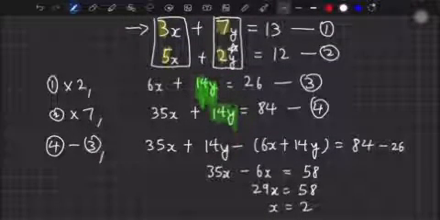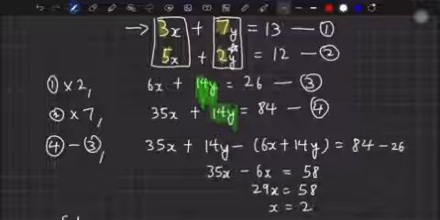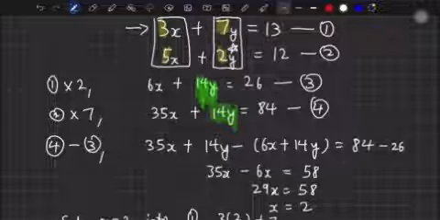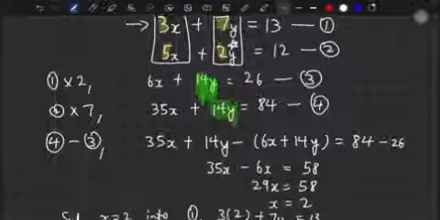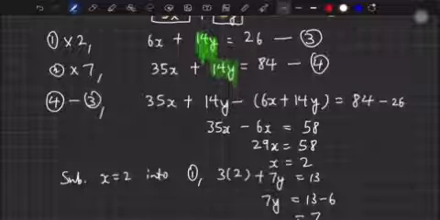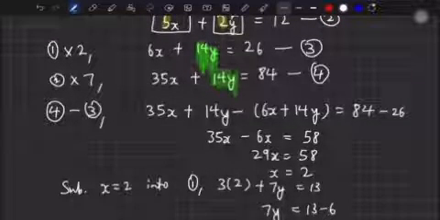So I sub x equals 2 into 1. I'll have 3 bracket times 2 plus 7y equals 13. So I have 7y equals 13 minus 6, so y equals 1. So you can see this working is very short if we use the elimination method.